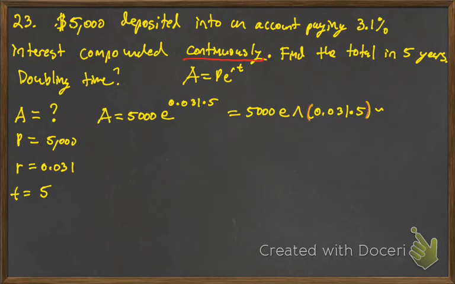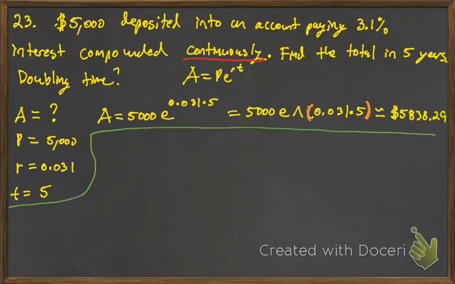If you don't do that, then it's going to raise it to the 0.031 and then multiply by 5, which is not what we want it to do. So after those 5 years, we're going to have $5,838.29.